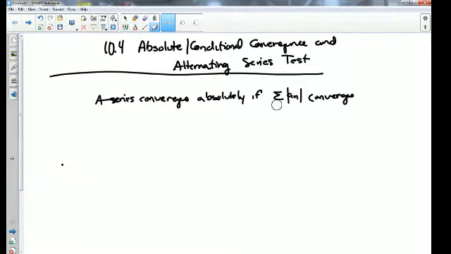Okay, so basically it's the absolute value of the series, that convergence thing with absolute convergence. Does that make sense? You're basically looking at the positive series. Okay. A good example of this.